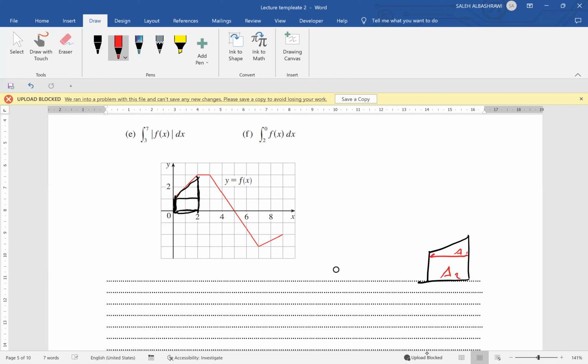Now the height of the rectangle, as given there in the figure, is 1, and the length is 2.